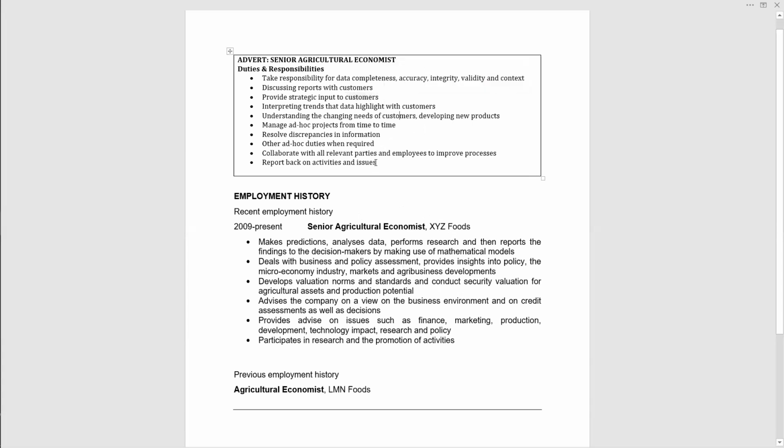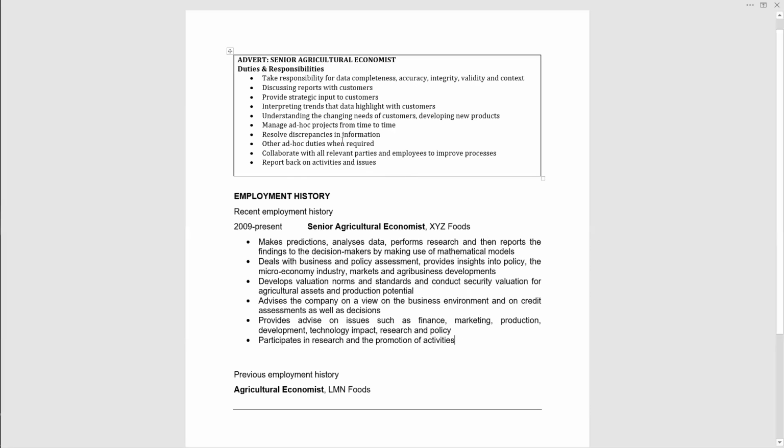And also, a way that you can look for keywords in a job description. Job description is here. So you look for keywords, and specifically you can look for industry specific language, jargon. You can look for software.